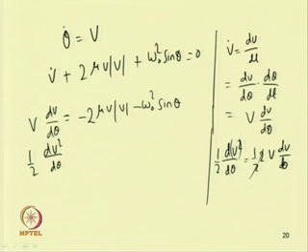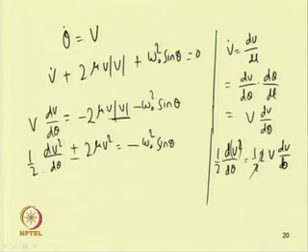Then, taking this term to the left hand side and removing the mod, we can write v mod v equal to v if v is greater than 0, and equal to minus v if v is less than 0. That way you can write plus or minus 2 mu v square equal to minus omega 0 square sin theta.